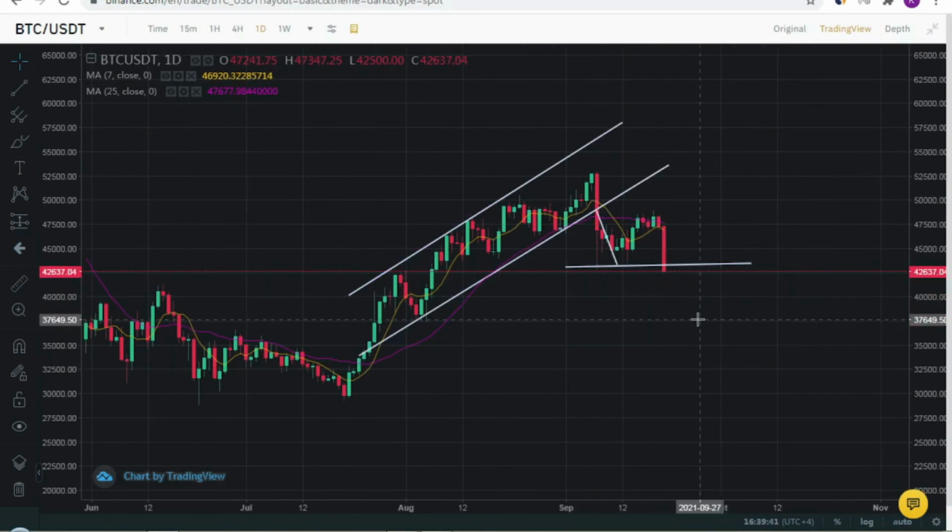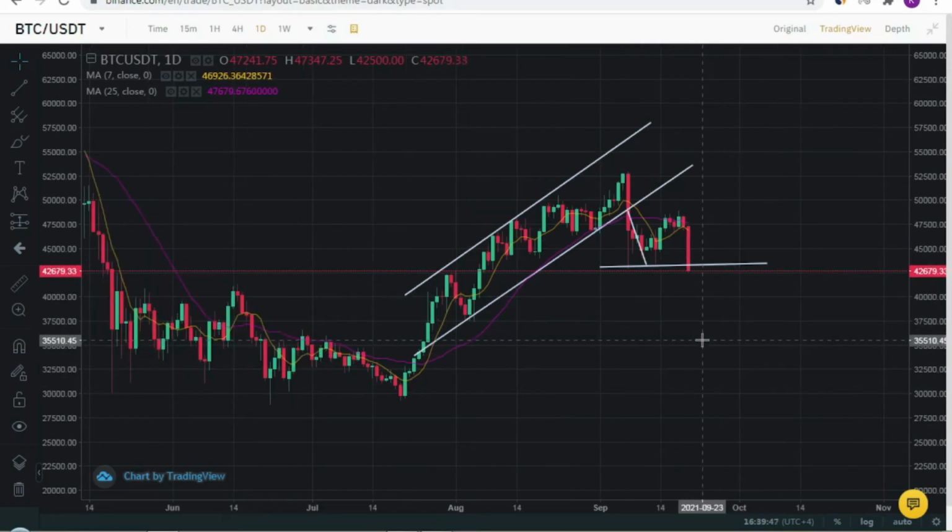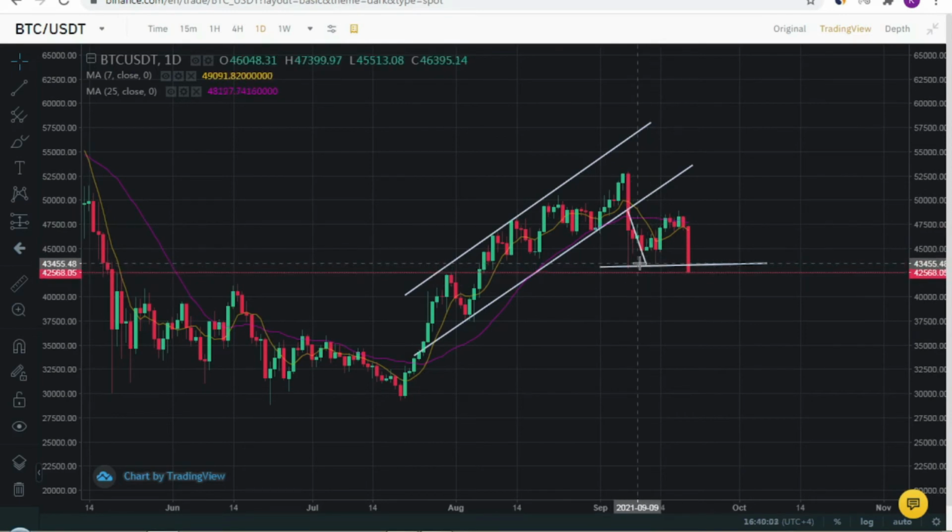If it continues to go down, then we will continue to go down with it. Yes, so that's basically how you draw these lines. If it continues to go down here, we will continue to go down with it, because this is our support line here.